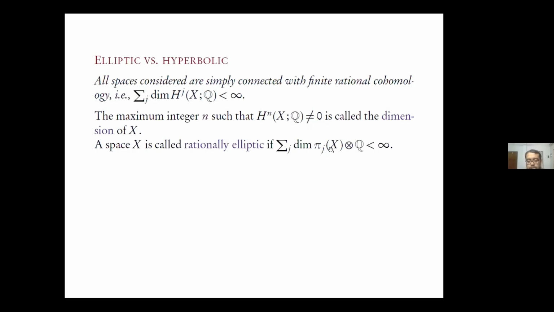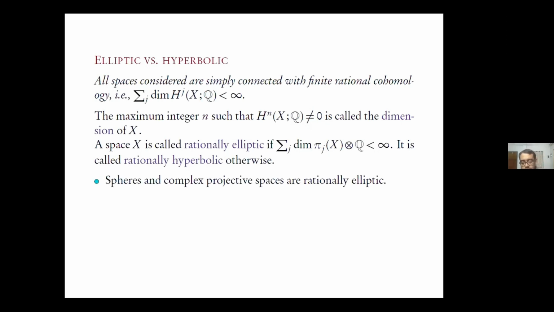In particular, this says that the rational homotopy groups will be 0 after a certain index j. And if this does not happen for the space X, then you call the space rationally hyperbolic. It's a pretty simple definition. We'll soon see what this entails.